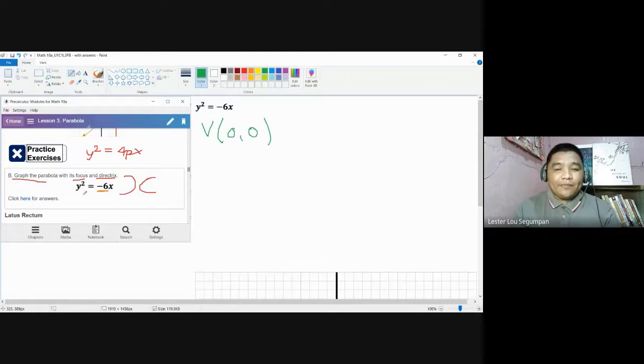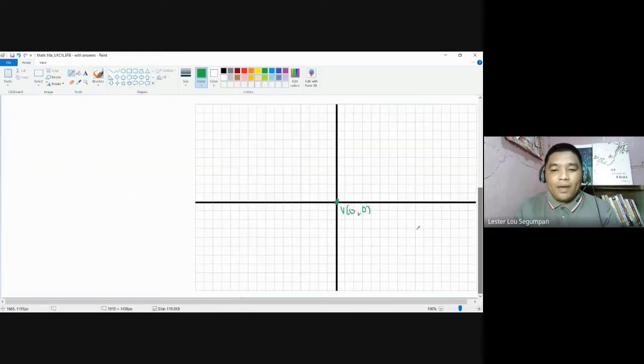Because with the help of our understanding earlier that it should open towards the left, there is already a guidance for us that it should look like this. If it looks like that, the focus could be in the interior of the parabola, somewhere here, and the directrix is on the opposite side, somewhere here as well. But let's continue with the formal process to solve for our focus and directrix.